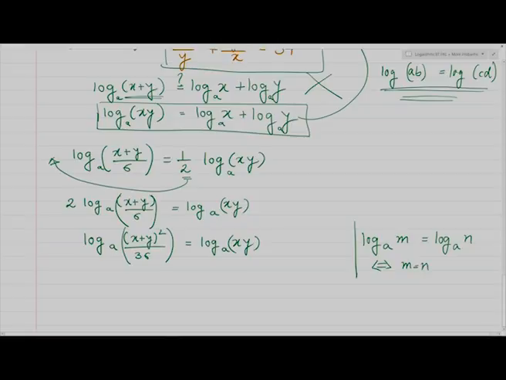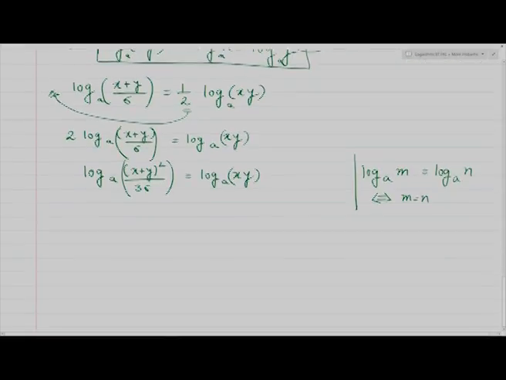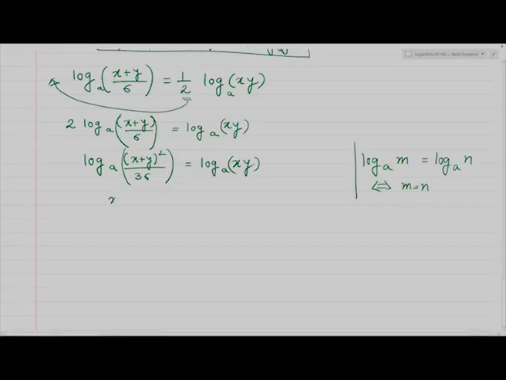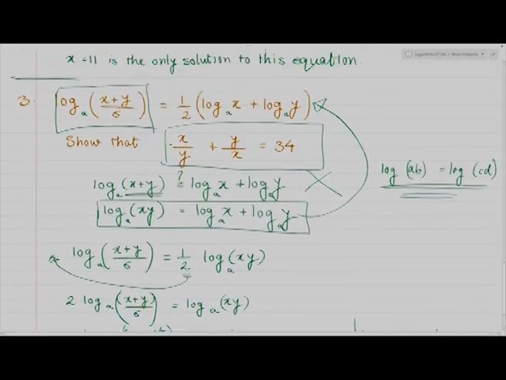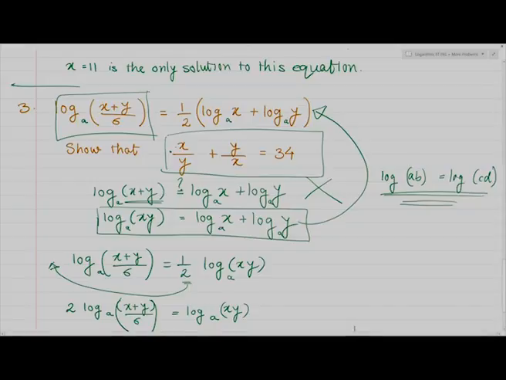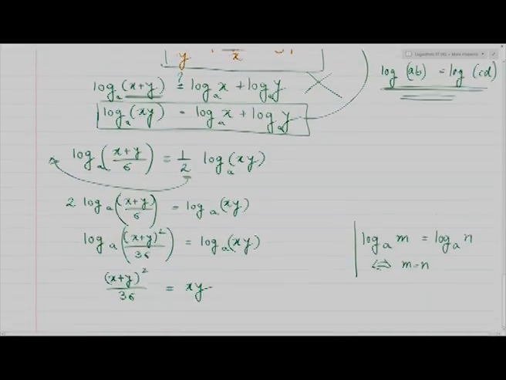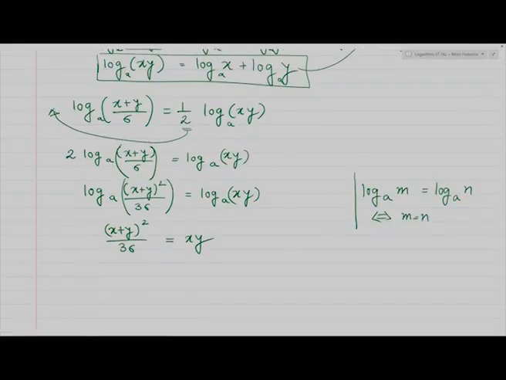This is the rule that I will use, and using this rule what I will get is (x plus y) the whole square by 36 is equal to x into y. Okay. So, if this is the case, then let us now check whether we are on the right track. What I want is something of this form, x upon y, y upon x. Can I get this? I think we are on the right track.